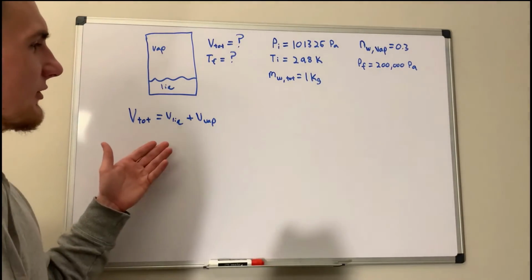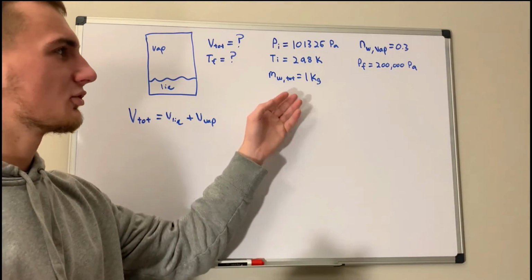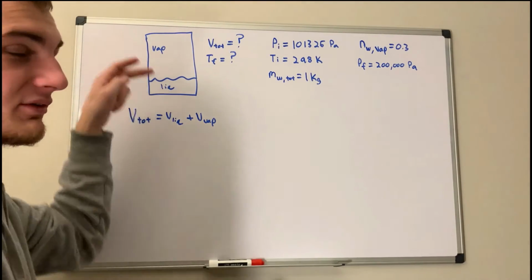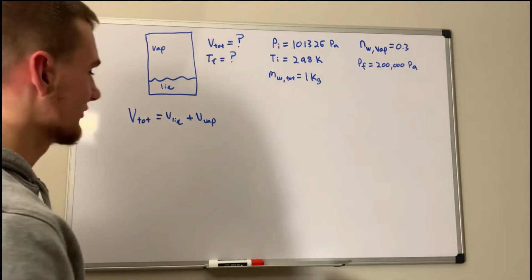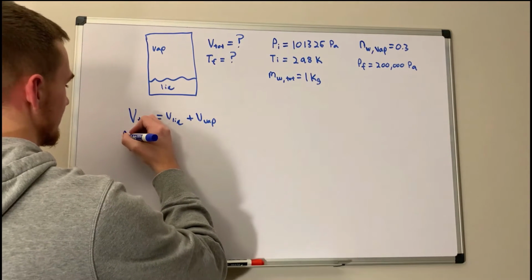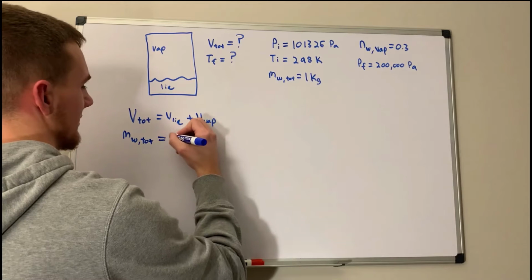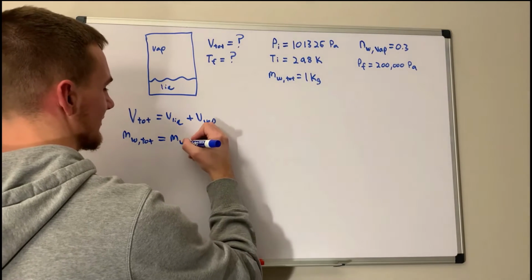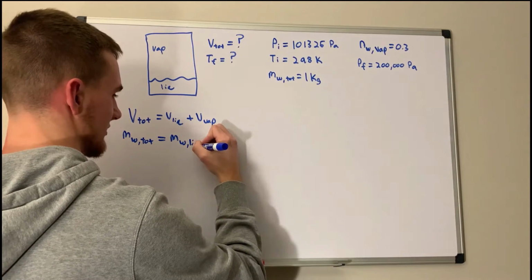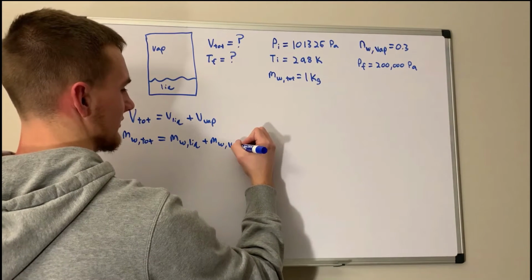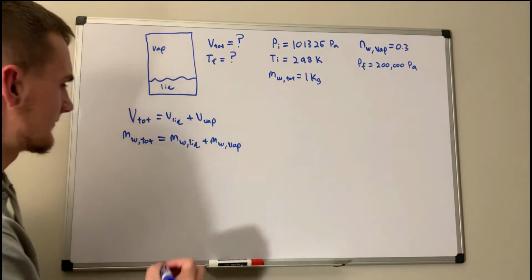Going along with this, the total mass of water will equal the mass of water in the liquid phase plus the mass of water in the vapor phase. So the mass of water total equals the mass of water in the liquid phase plus the mass of water in the vapor phase.